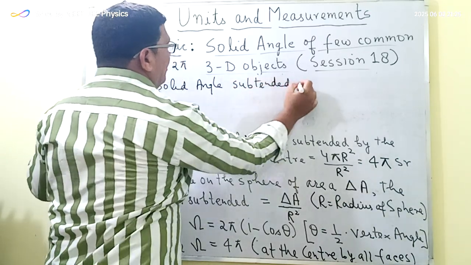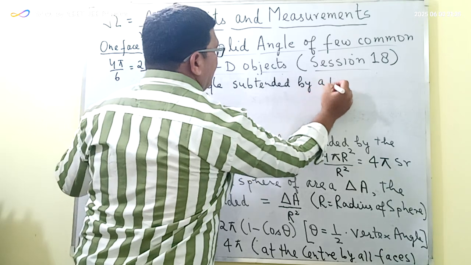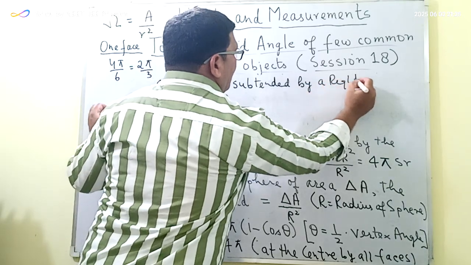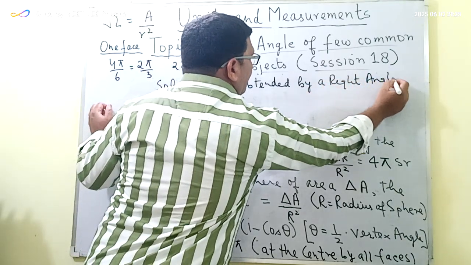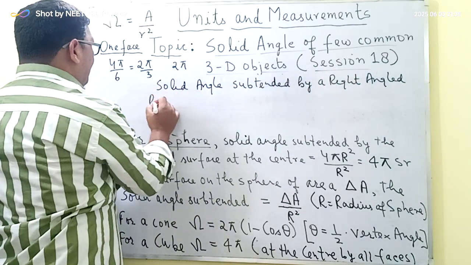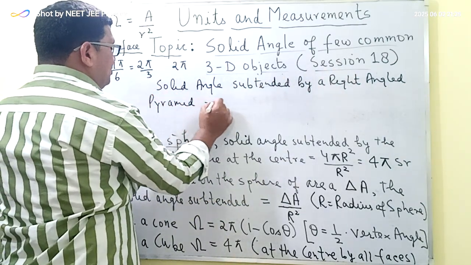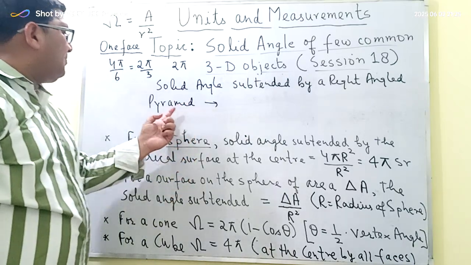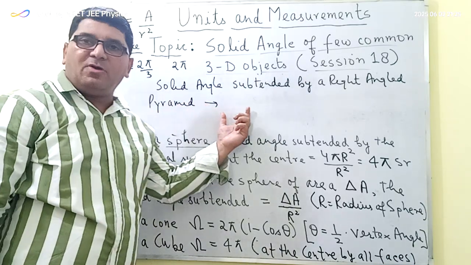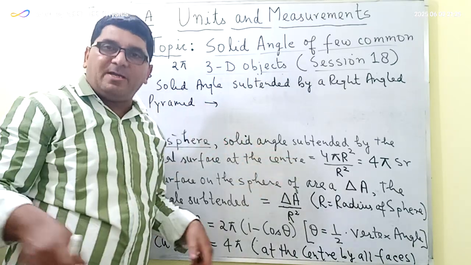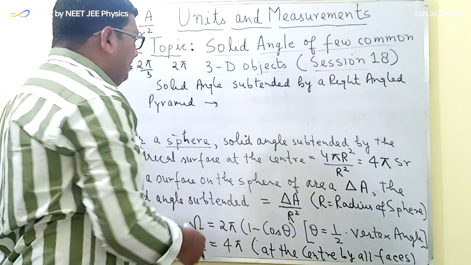So the solid angle subtended by a right angle pyramid. So in this case, the pyramid normally has a square base, or it can have a rectangular base.